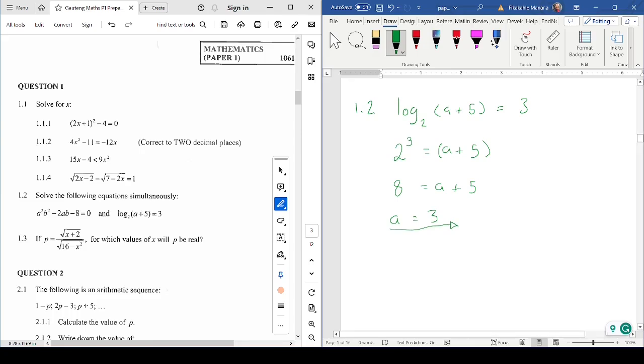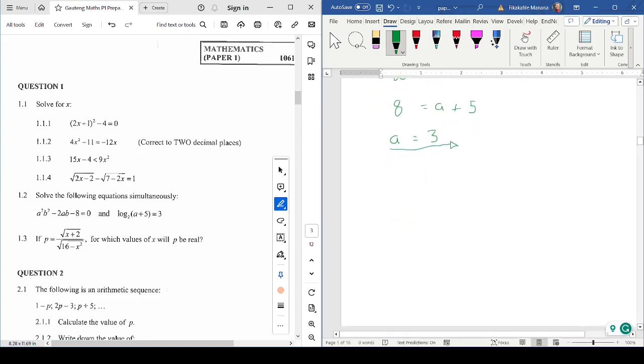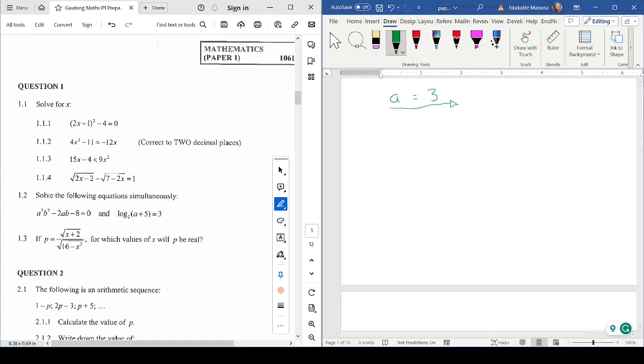Now I need to solve for B. I have my A as 3, so for B I'll just substitute into the equation right here, which, let me rewrite it, is A squared B squared minus 2 times AB minus 8 is equal to 0. That's my second equation. Now I have the value of A, so I just substitute it.